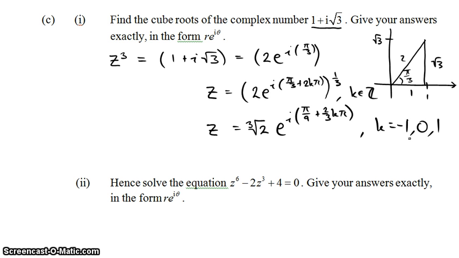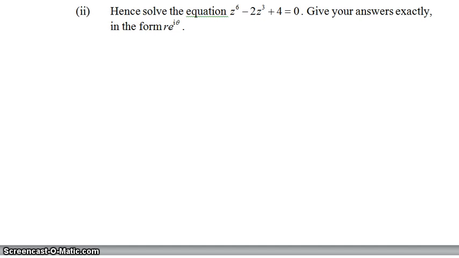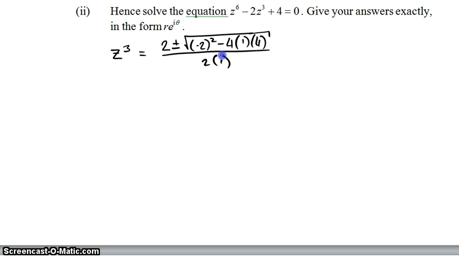Okay, last one in question 12. Hence, solve the equation. This is where it gets a bit fun. Hence, solve the equation z to the power of 6 minus 2z to the power of 3 plus 4 equals 0. So clearly we're talking about some sort of quadratic here, and this is in fact a quadratic in z cubed. So using the quadratic formula, I get z cubed is equal to 2 plus or minus the square root of minus 2 squared take 4 by 1 by 4, all over 2 by 1.